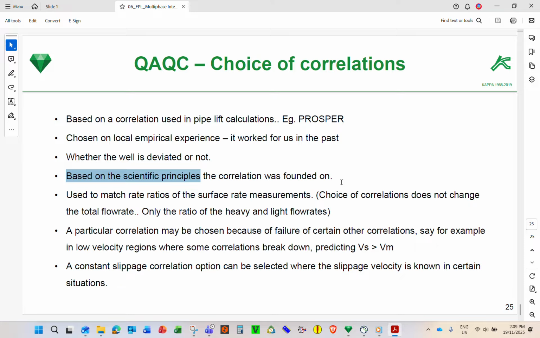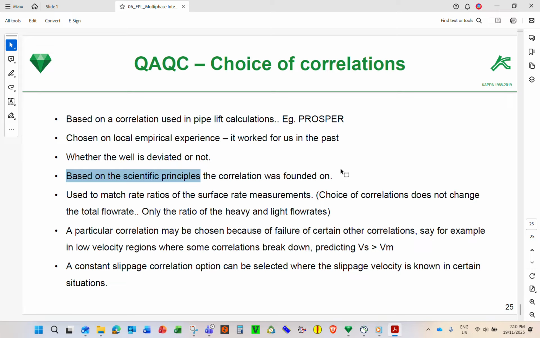If you believe the surface rates, of course they have a range of error, but if they are okay, you can use them for benchmarking. Then you choose the correlation which gives you results quite close to the surface phase measurements. How much, 10% difference? Yes, 10% difference, more or less okay.